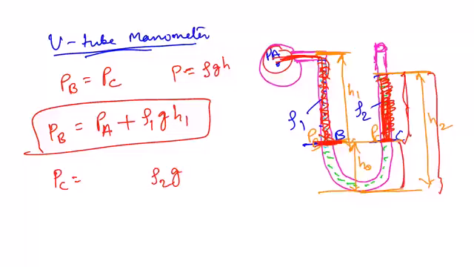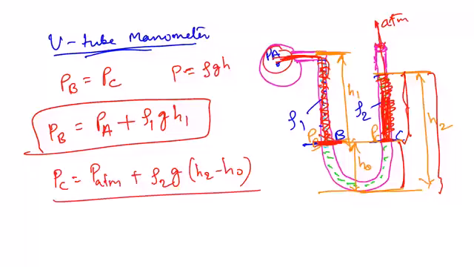So let me write H2 minus H0. This is the pressure due to the manometric fluid. Also, you see this end is open to the atmosphere, so the atmospheric pressure will also be imposed on C. So P atmosphere. This is the pressure we get at C.